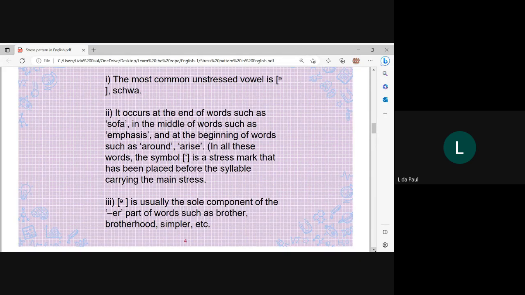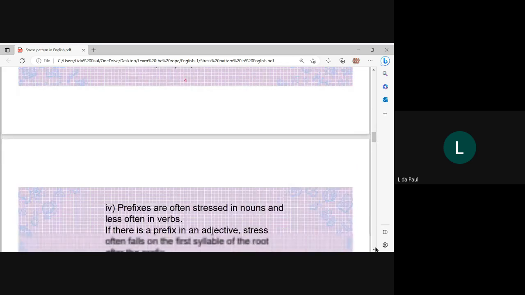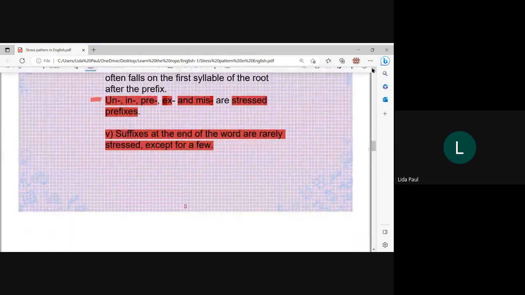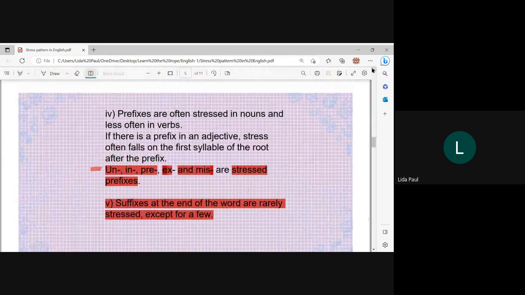It's usually the schwa sound that ends all these words. Right? Brother, simpler, teacher, sister. Right. So that is on schwa. And remember, schwa is unstressed. So if you find it in any syllable, you almost immediately should understand that that particular syllable will not take the stress.